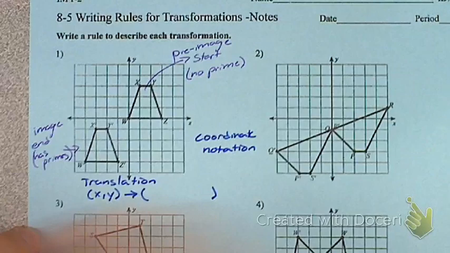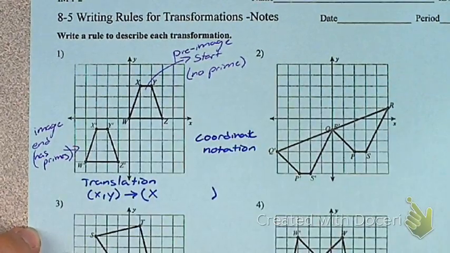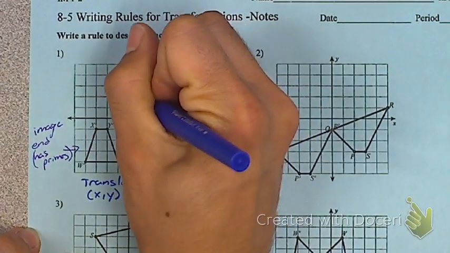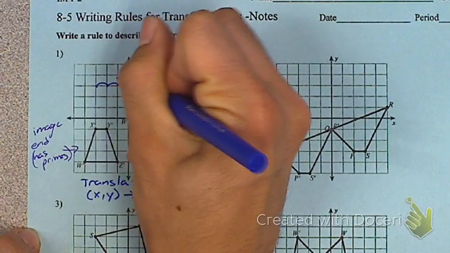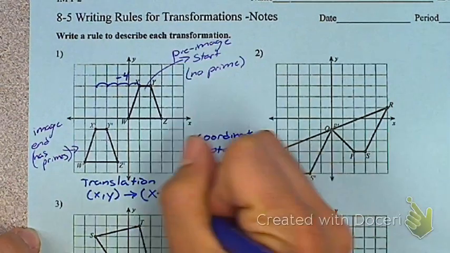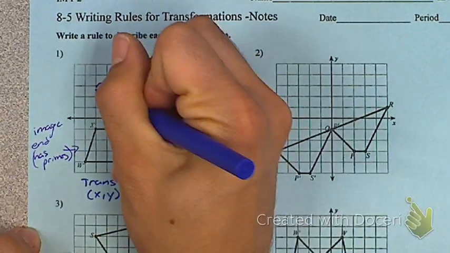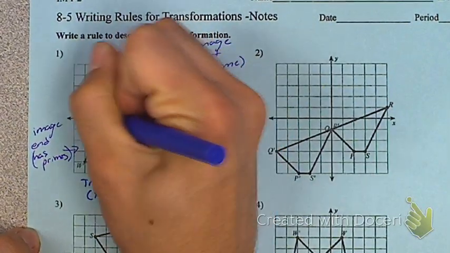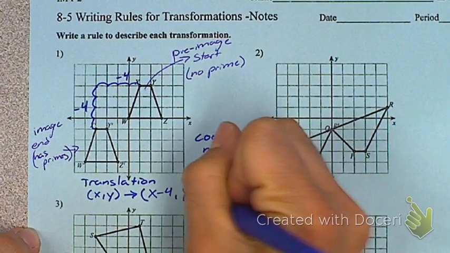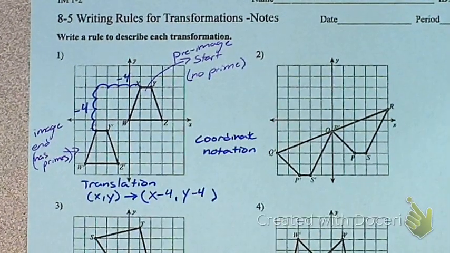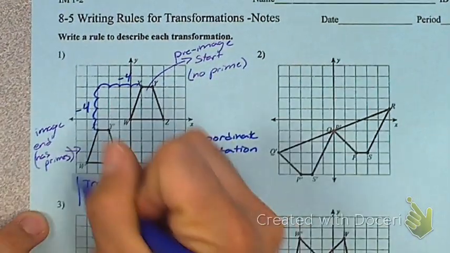In the x direction, what happened? Good, minus 4. 2, 3, 4. To the left is negative. And in the y's? Down 4, so it's another negative 4. And that's your answer.